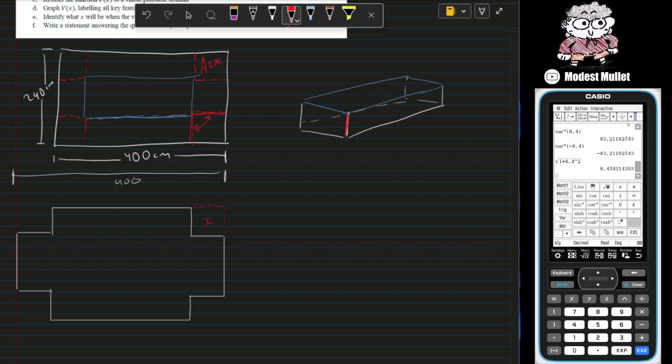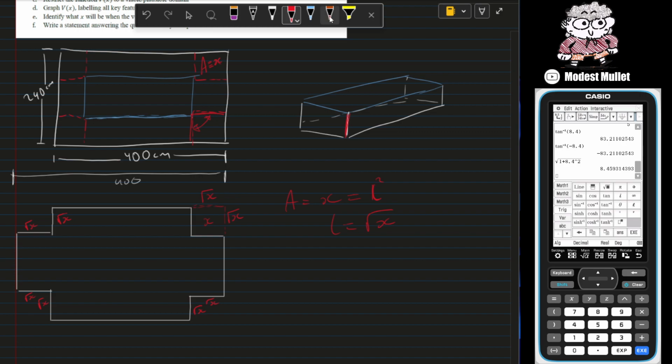Well, if the area is equal to X, and because it's a square, the area will be length squared, so the length of the side will be equal to the square root of X. That's the important connection we need to make: the length of each side, to give a square of area X, is square root X. So we can label each of those bits as square root X.